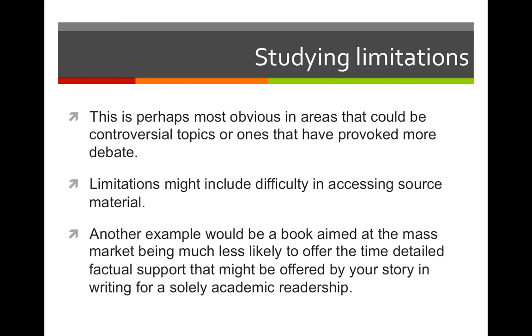So the key one that we always consider is the fact that the Russian archives didn't open until 1991. And another example could be a book aimed at a mass market being much less likely to offer the detailed factual support that might be offered by a historian writing for a solely academic readership. So look at who the book is aimed at, and that will hopefully give you some more ideas.